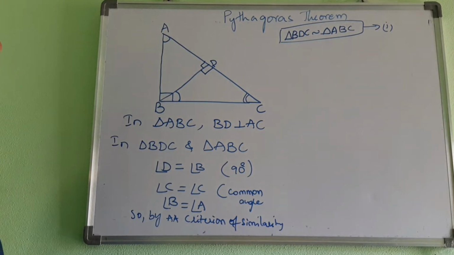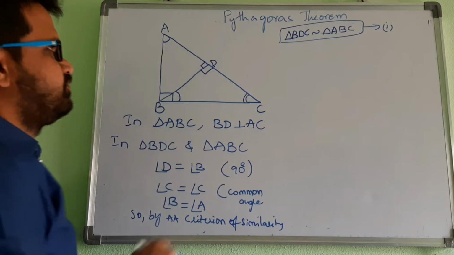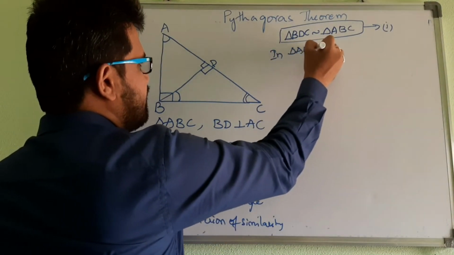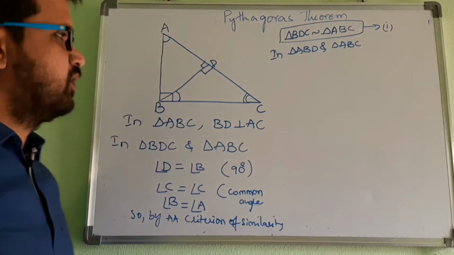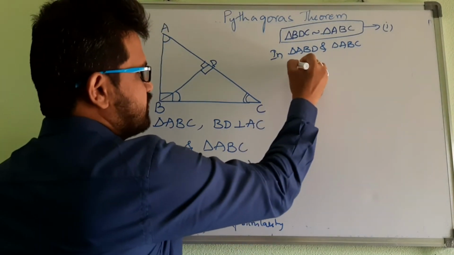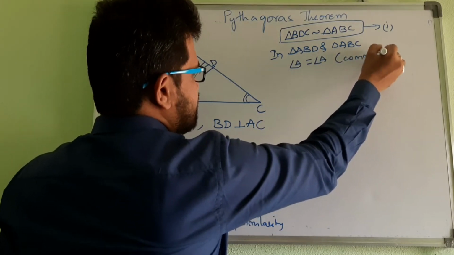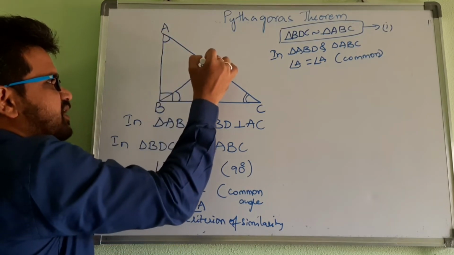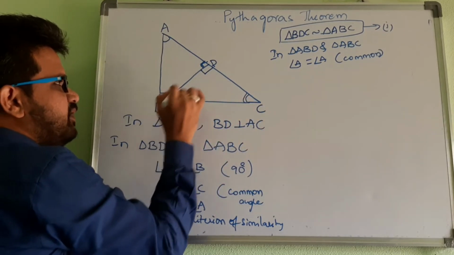Okay, so next, compare ABD to ABC. In triangle ABD and in triangle ABC, compare these two. A is common to A, so angle A is equal to angle A, common. And next, in the smaller triangle ABD, where is the 90 degrees? At D. In the bigger triangle, where is the 90 degrees?